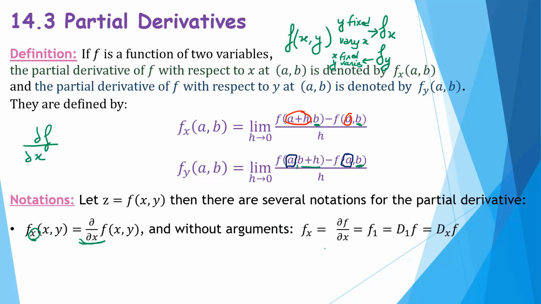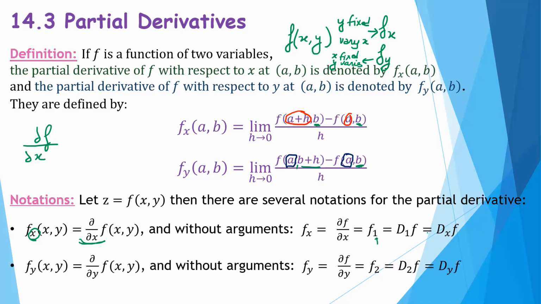So fx, df dx, f1 meaning partial derivative with respect to the first component, d1f, dxf, all these are different notations for the same quantity, which is the partial derivative with respect to x, the first component of this function f of several variables.